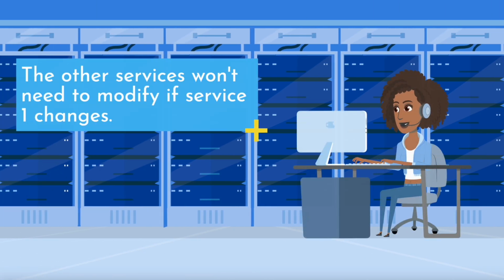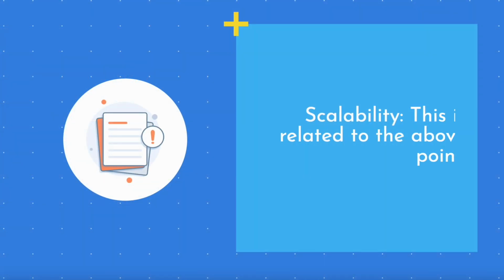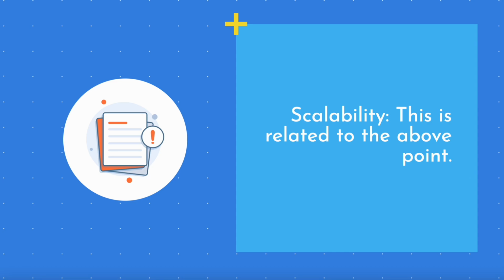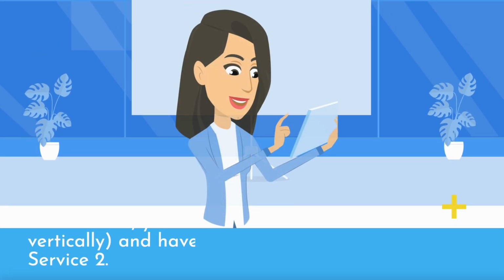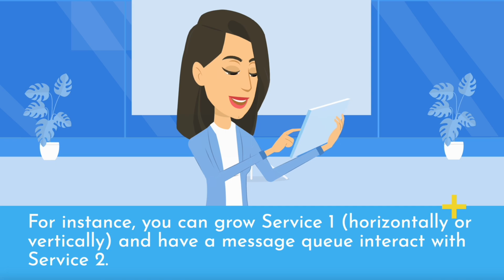The other services won't need to modify if service 1 changes. Scalability. This is related to the above point. As a result of message queues' ability to decouple your system, you can now scale up or scale down individual services as needed on demand. For instance, you can grow service 1, horizontally or vertically, and have a message queue interact with service 2.